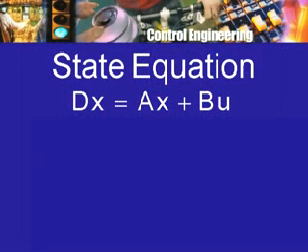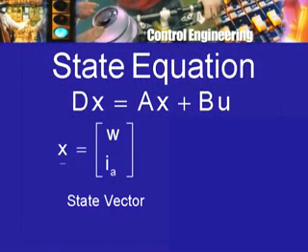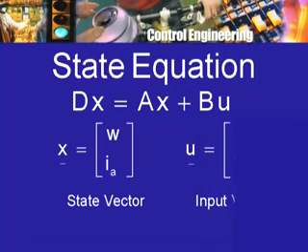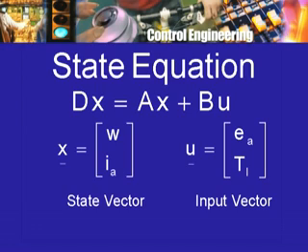In our problem it will consist of omega and armature current. These are the two variables which constitute the state vector. This is the state vector. What is the other vector u? The other vector u will consist of the armature voltage EA, applied armature voltage EA, and the load torque TL. This is the input vector.